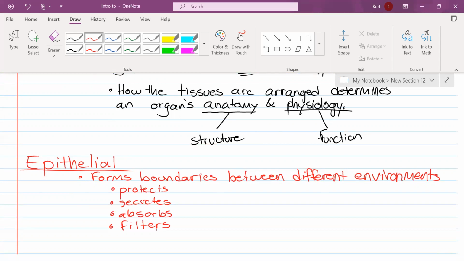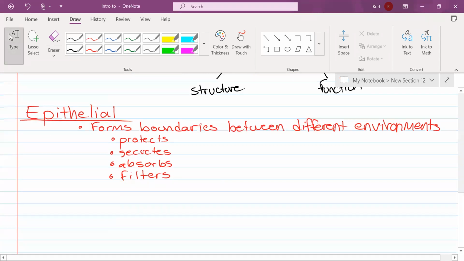Anyone? Olivia? No, that secretes. It's the site where the majority of digestion takes place. Your intestines, small intestines specifically. And what organs are responsible for filtering? Kinda, but there's a pair of them. Kidneys.